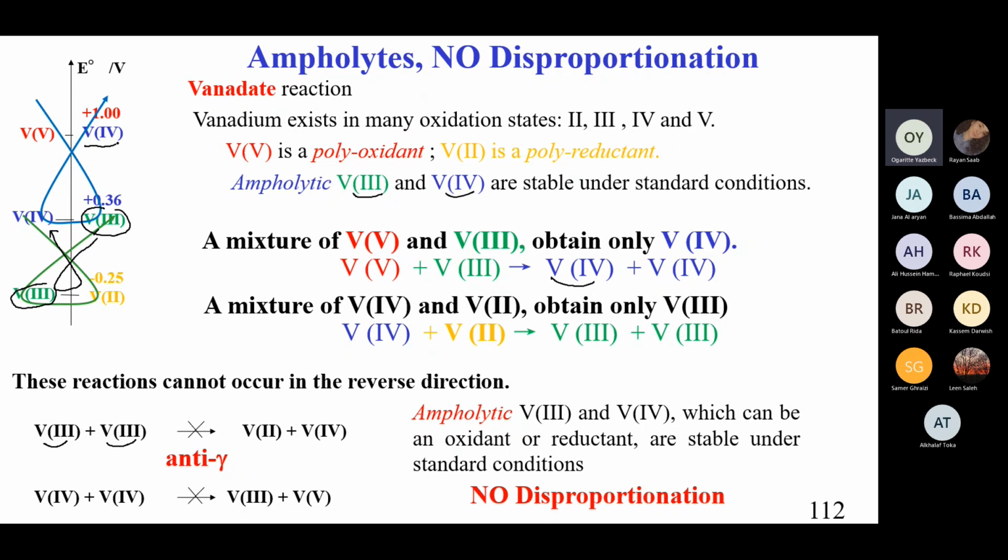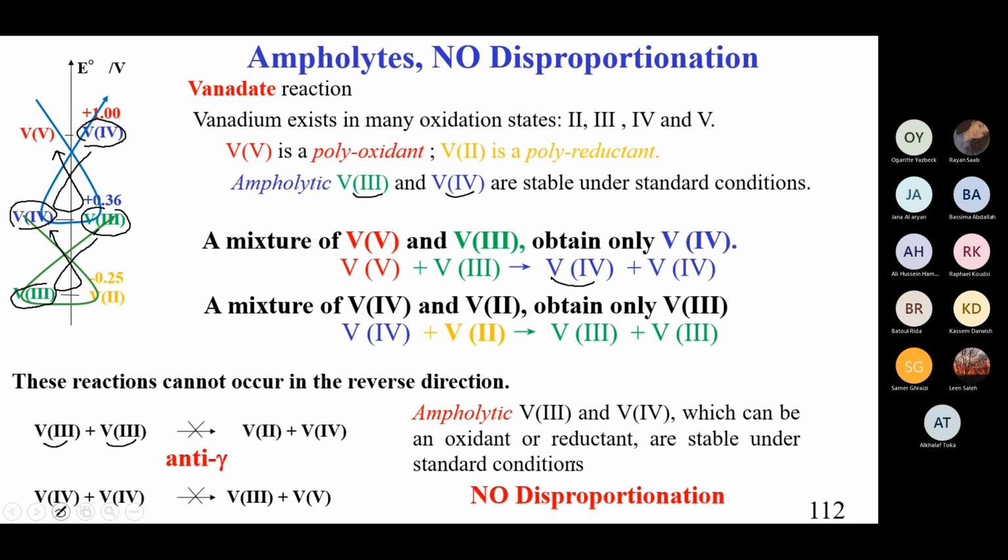Likewise, vanadium 4 and vanadium 4, if you put them in a solution, they won't react with each other. They're in the anti-gamma direction. And so there is no disproportionation. They are ampholytes, they can act as oxidants or reductants, but they are stable under standard conditions.